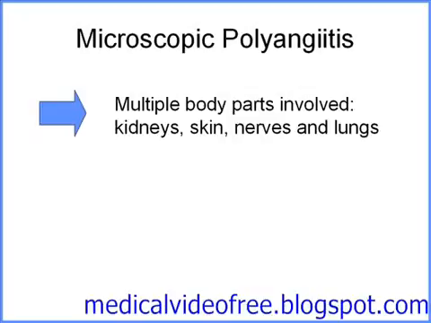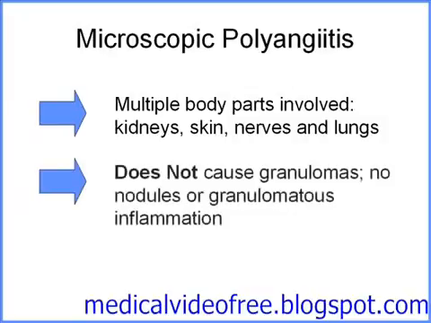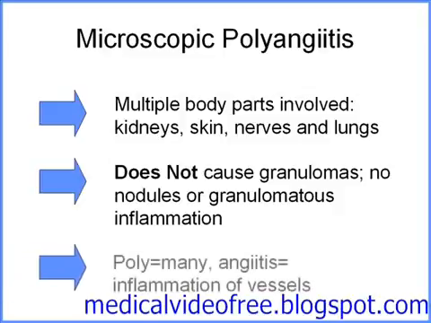Another category of ANCA disease involves multiple small vessels, but there's no evidence for granulomatous inflammation. So you'd have maybe kidney involvement, skin involvement, lung involvement, maybe nerve involvement with vasculitis, but no nodules anywhere, no evidence for granulomatous inflammation. So when there are multiple sites involved, it's called microscopic polyangiitis. And polyangiitis means multiple. Well, exactly, right.